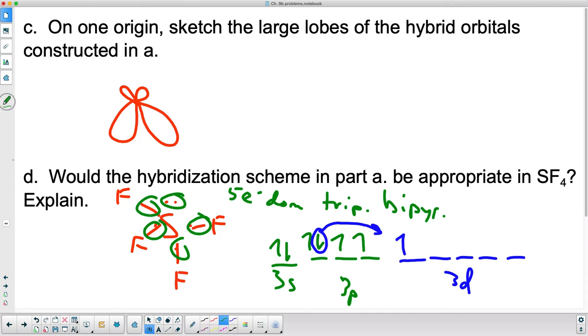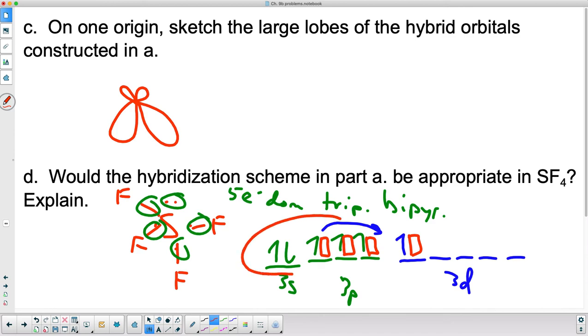When I get rid of, okay, hang on, I'm going to have to rewrite this. So when that one electron is promoted here, notice that it's got room here, here, here, and here.